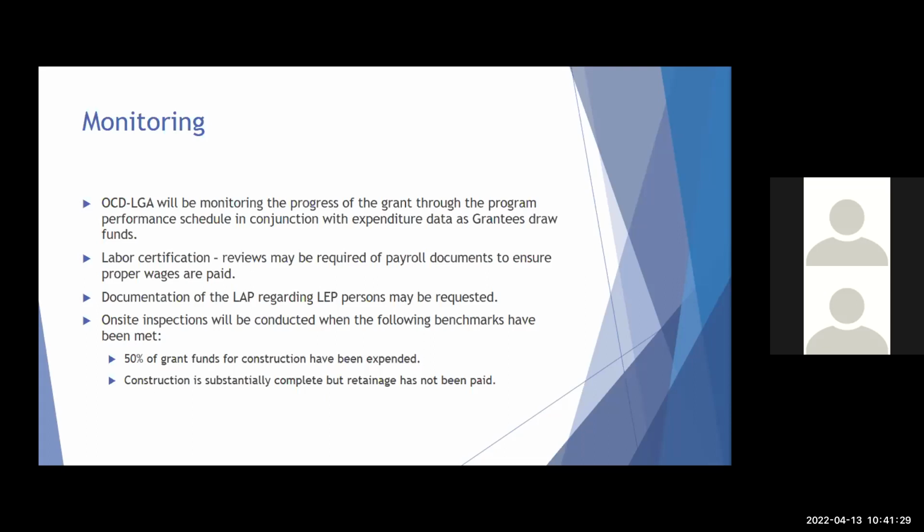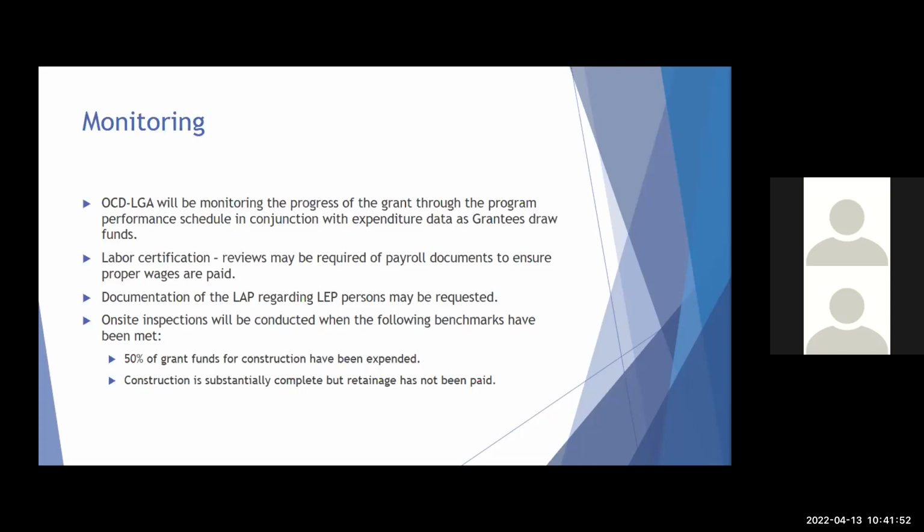For the labor certification, when you go and review the compliance from the Treasury Department, if we are required to, we will review payroll documents to ensure that proper wages are being paid. At this point in time, we have not established whether we are going to be required to do that yet.